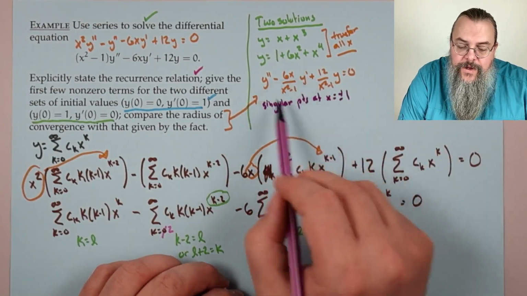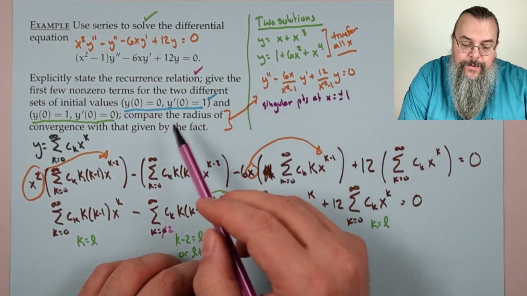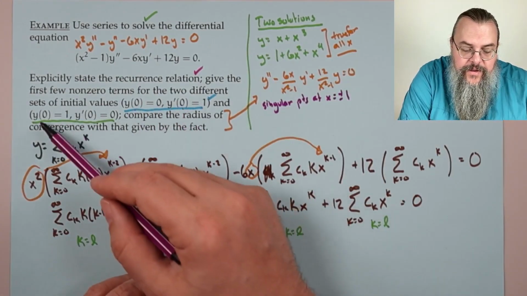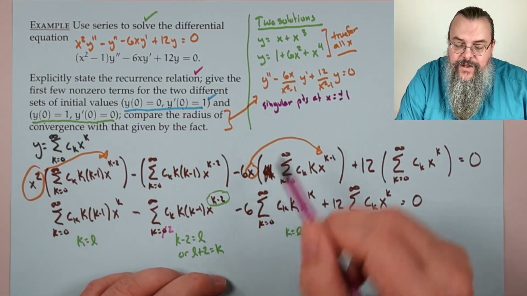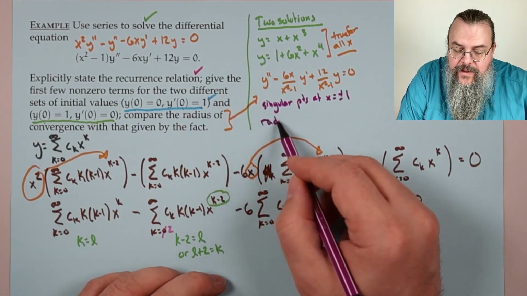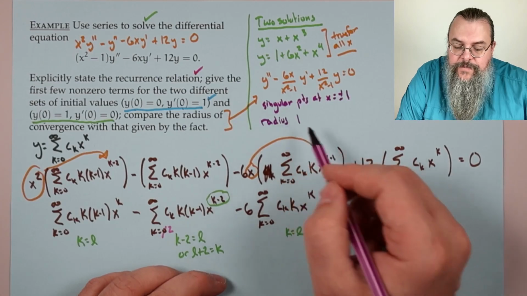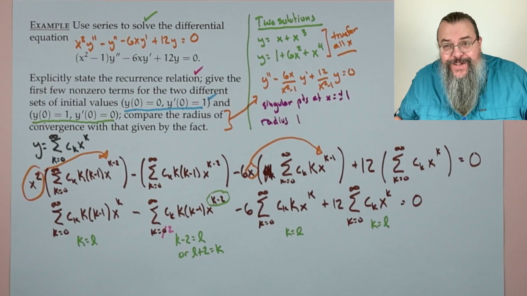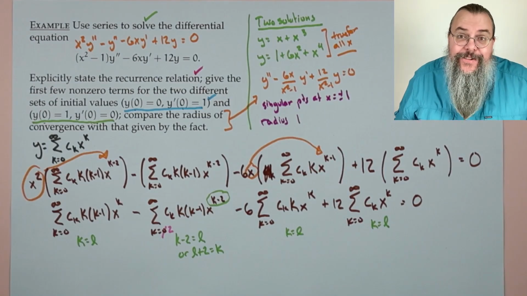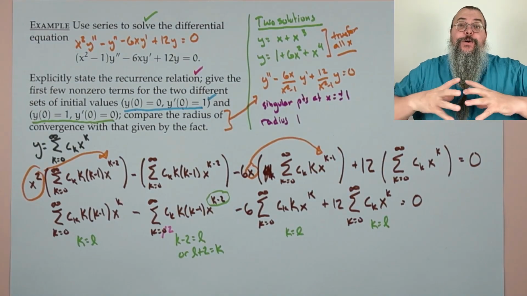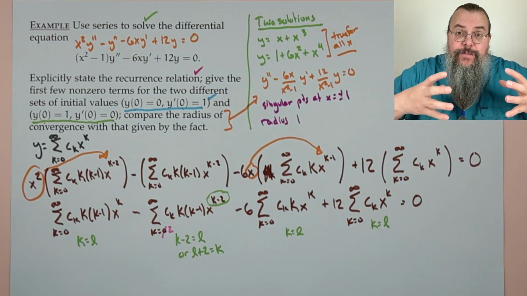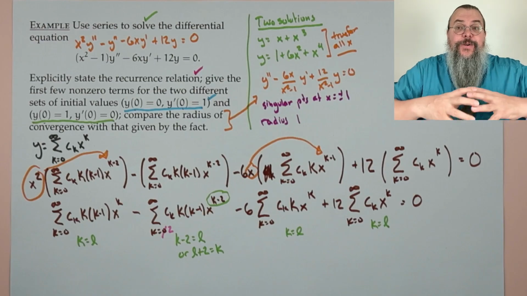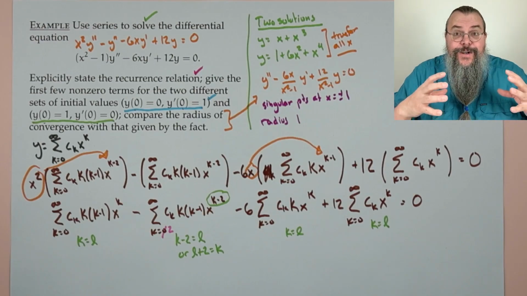So normally, if we saw this differential equation and we were doing series about 0, because the zeros tell us that we're doing our series around 0, we would say the radius would be 1. Now here's the thing. When we talked about the fact, there was a subtlety that we didn't say out loud, but let's say it now. The radius of convergence given by the fact is the worst case scenario. You're guaranteed it works at least this far.